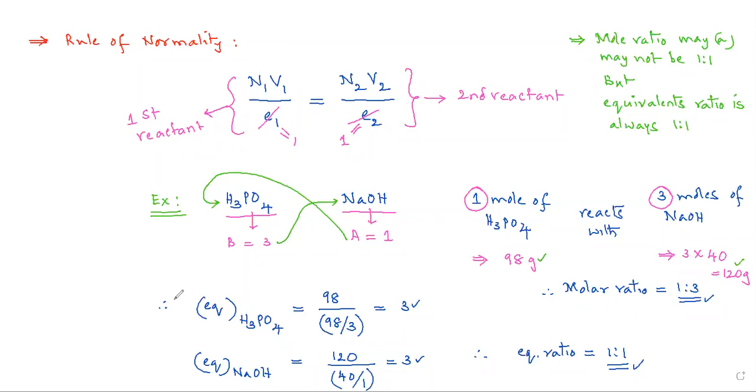And this is the reason why we find it easier to go with equivalents rather than going with moles. We can simply take their equivalence ratio as 1:1 and just get into the problem solving. Because if you go with mole ratio, then you need to first learn the ratio of the moles in which they are reacting. Okay. So this is a very interesting discussion.